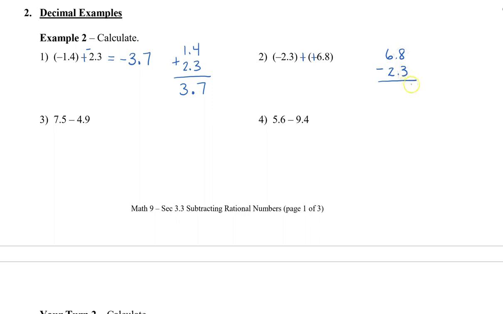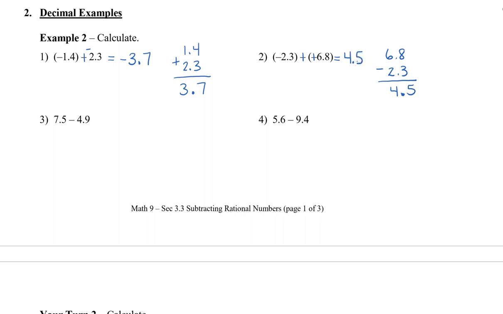So we have 8 minus 3, which is 5. Bring our decimal down, and then 6 minus 2 is 4. Now we need to go back and check what this is. We have -2.3, we have positive 6.8. So we actually have more positives. Therefore our answer is going to be positive 4.5.